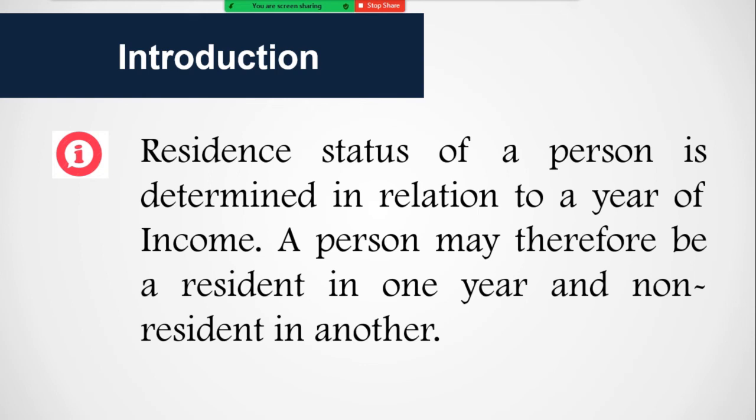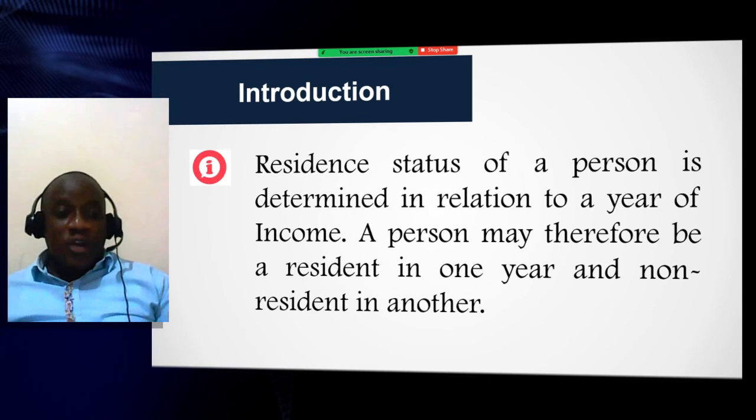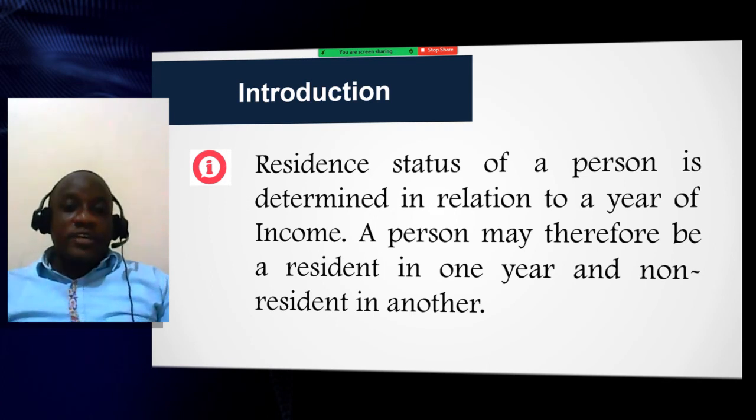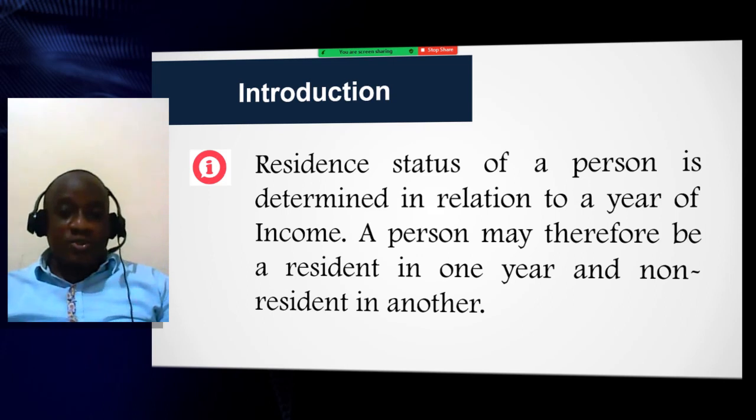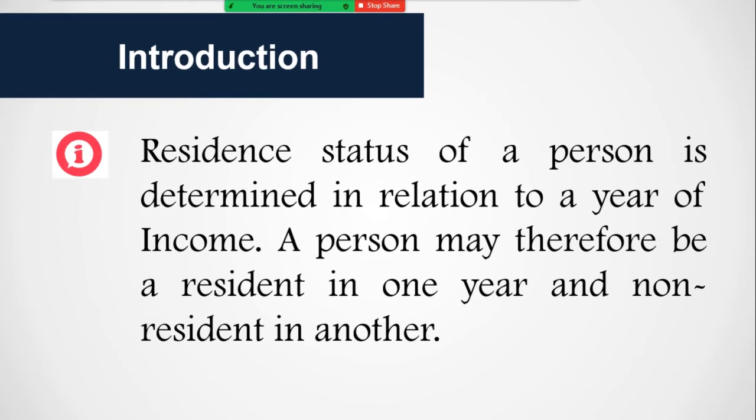So, as a tax practitioner, you have to be very, very keen here. Look at the presence of your client in Uganda. And here we are saying you're going to make reference to a particular year of income.